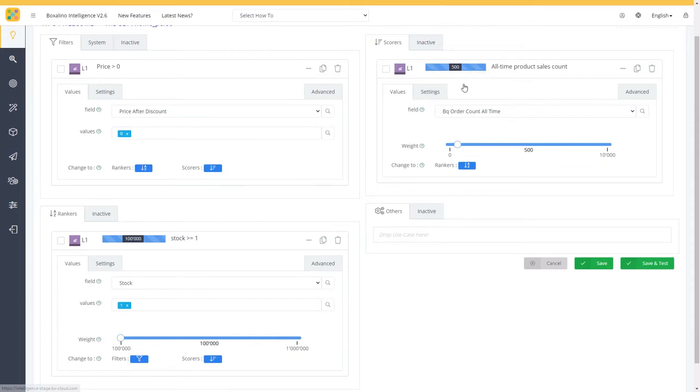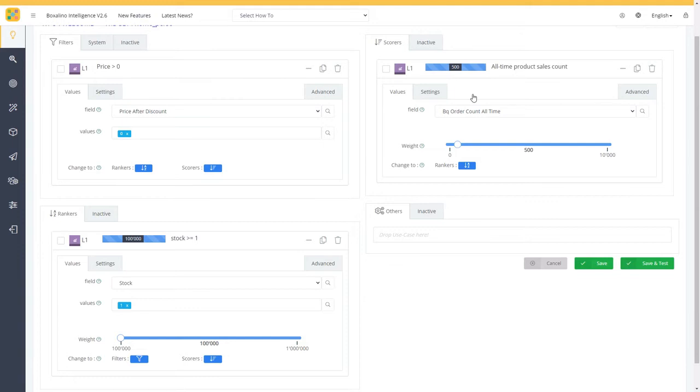So what that means is that a product which is at the minimum will have 0 over this 500, and a product which is at the maximum, maybe it was sold, I don't know, 10,000 times, and there's no product which has been sold more than that, then it would get the full 500. And this is basically this fundamental difference between the conditional and the linear use cases.